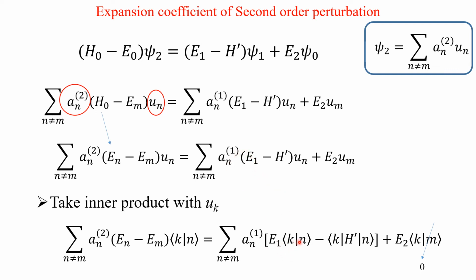So this will become E1 delta kn minus <k|H'|n>, because we are taking the inner product with k. Since we don't know what happens when H prime acts on un, we are taking that as it is, that is <k|H'|n>. Then E2 is a number, so you can take it out of the inner product, and this becomes the inner product of k with m.